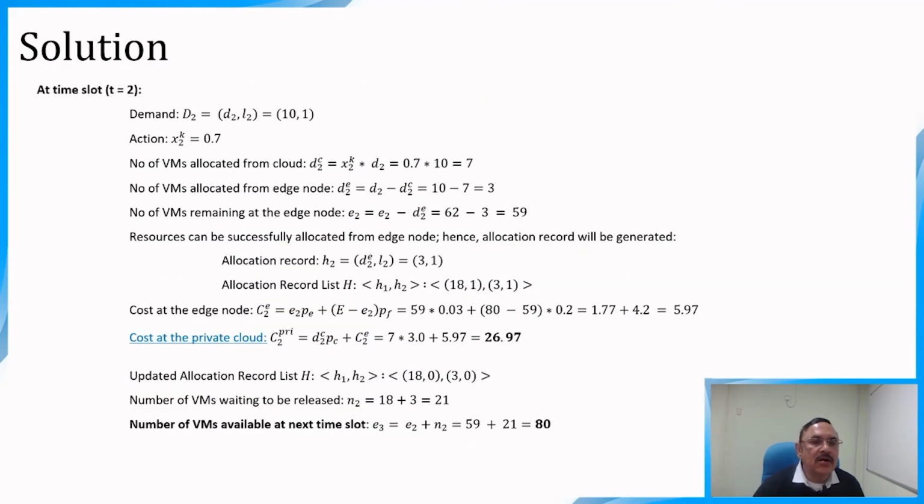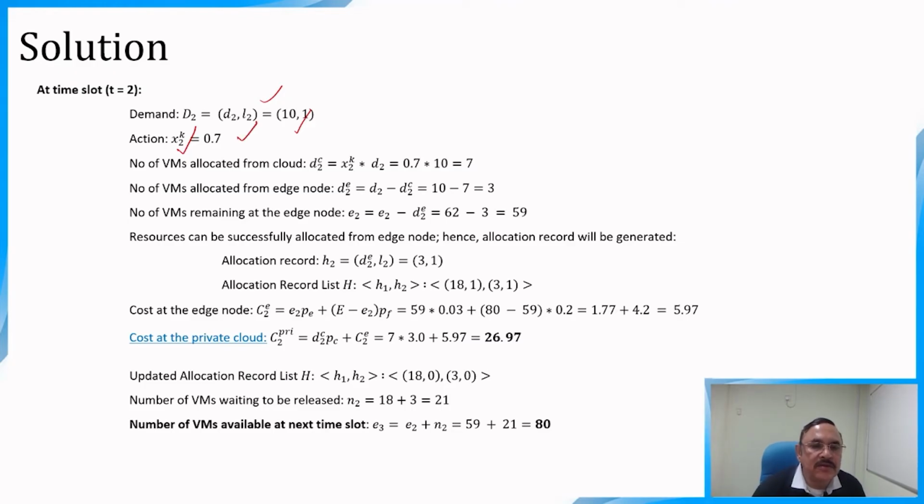Now, at the slot T2, the demand will be D2 and I2, that is 10 and 1 for 1 unit. Now, the action x_k2 is 0.7.